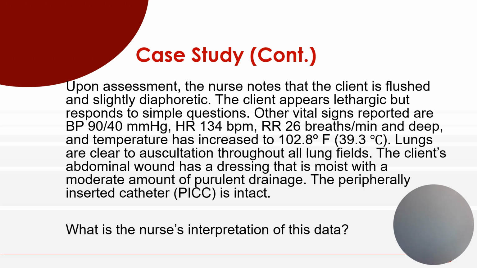And now we also have hypotension, and the client is lethargic but does respond to simple questions. So we're beginning to have a change in the level of consciousness. All of this can be indicative that something more serious is beginning to develop.